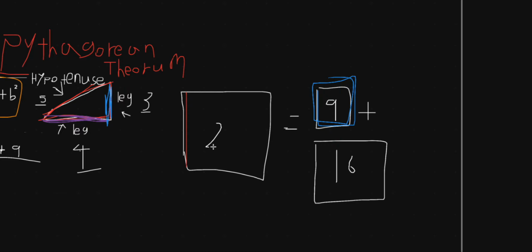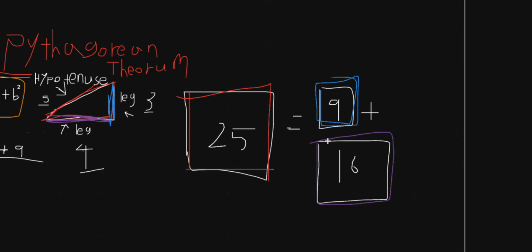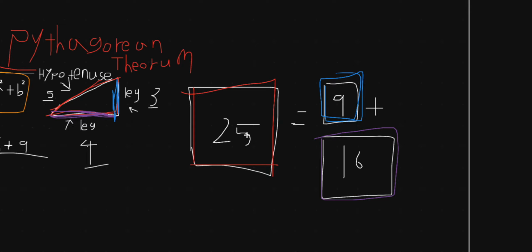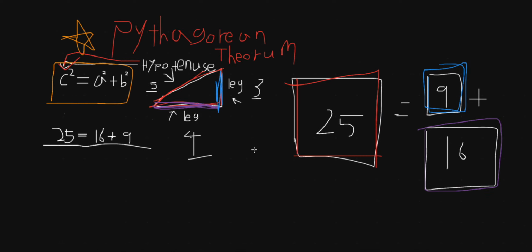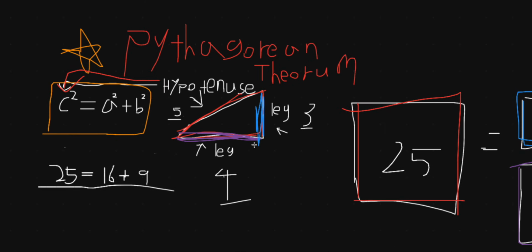This is 5. So the red one is the longest side, and if you square it, then you get 25. The second longest one here is 4 centimeters, and you can see that its square is equal to 16. If you add that together, it's literally that.